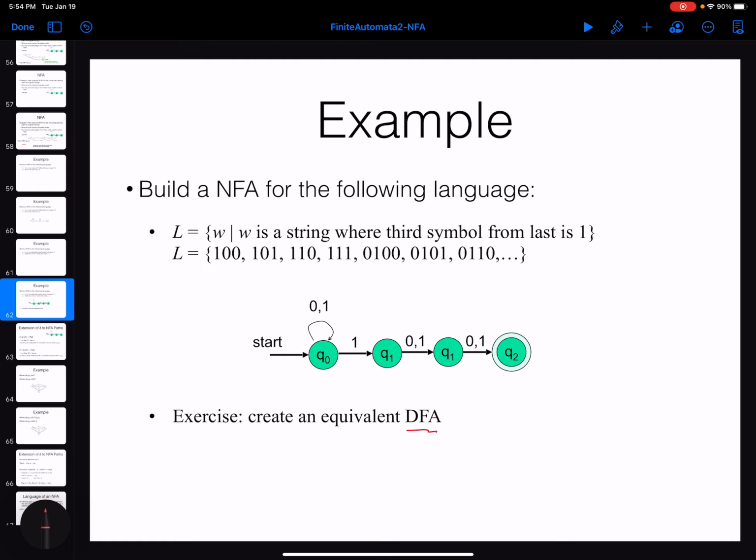Designing NFAs is much easier, and basically helps us to understand some properties of the language. If the language is simple, I mean something for which creating a machine to accept it is going to take less computational power.